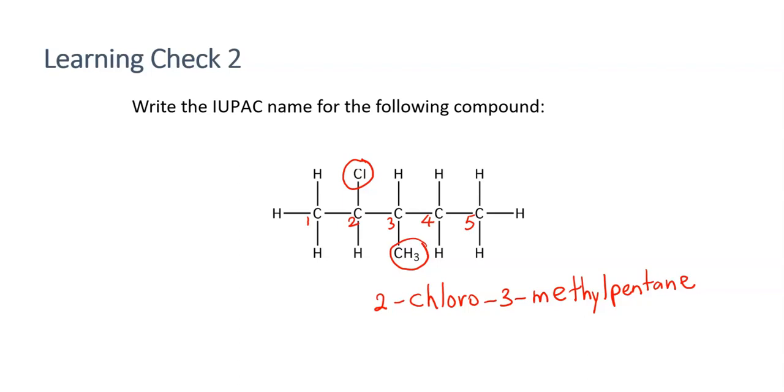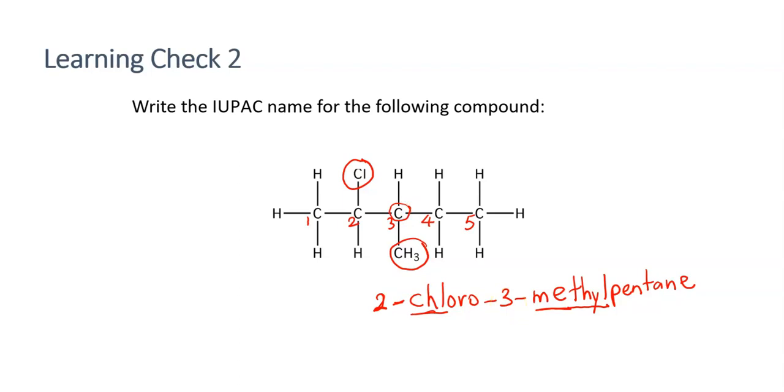Okay, so why did I start with chloro, not methyl? You have to go according to alphabetical order when you choose which one to write first. Chloro comes first alphabetically. So that's why I started with chloro, and since it's attached to the second carbon atom, I wrote 2 dash. And since the methyl group is attached to the third carbon atom, I put the number 3 in front of methyl.